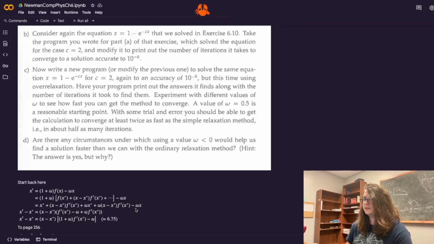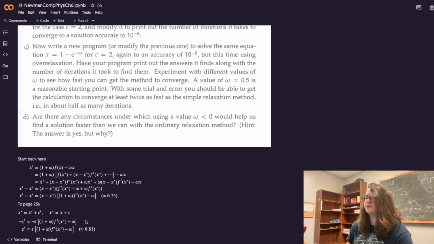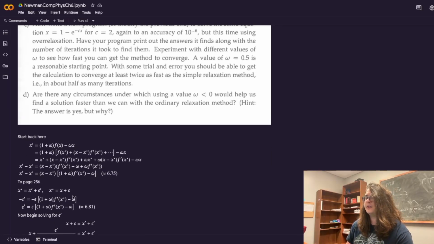So I get something like this, which I can solve for x prime minus x star in a form that was pretty nice. And so that's the equivalent of 6.75.